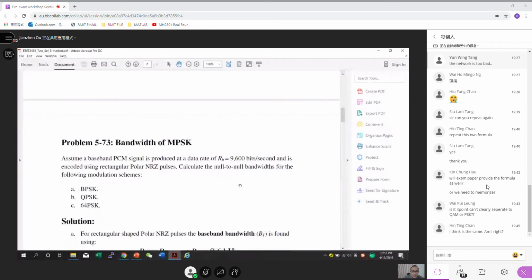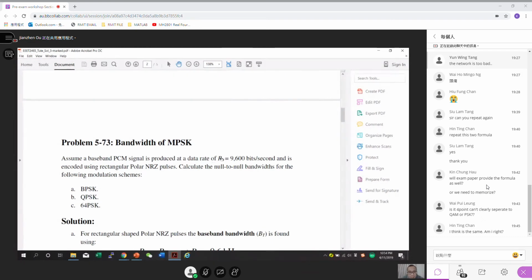Okay, the second question is also asking about the bandwidth, but this is for PSK. So it looks like bandwidth is a very important component in the exams for this workshop. It says, assuming a baseband PCM signal is produced at a data rate of Rb equal to 9600 bits per second.